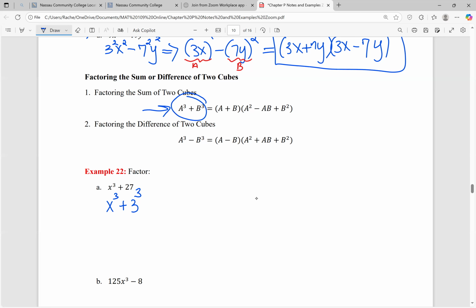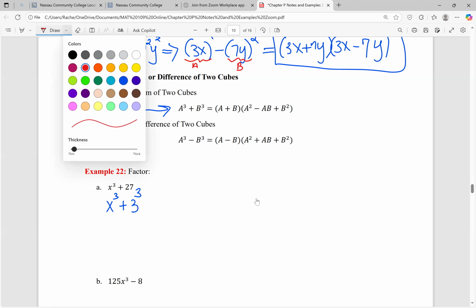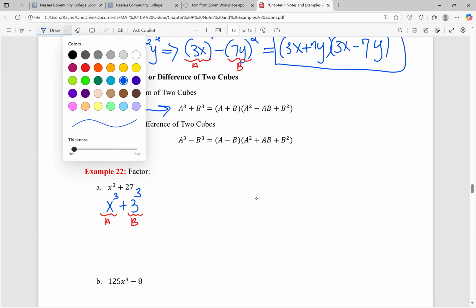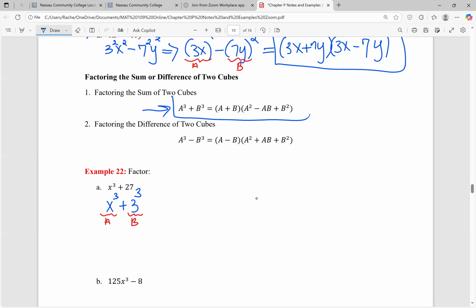It looks just like a to the third plus b to the third. So think of x as the a and the 3 as the b. So let's plug in to this factoring form, right? So we're going to take a plus b. So this is going to be equal to x plus 3.